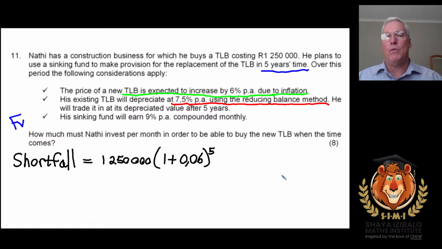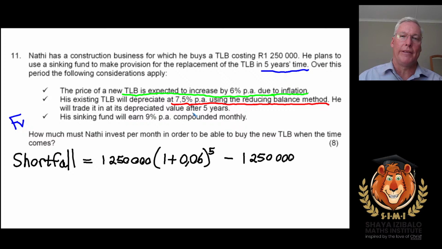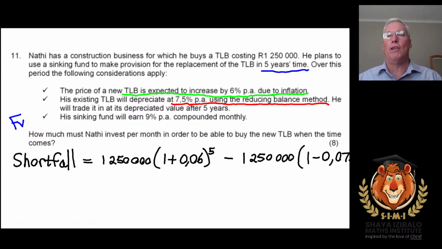Now, what he's going to be able to save is the depreciated value of his existing one. Remember, for depreciation we're told which method to use, either straight line, which is the simple interest one, or reducing balance, more commonly. This one's reducing balance. This is 1 minus 0.075, that's 7.5%, also 5 years.